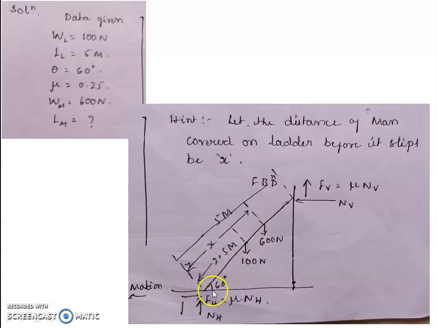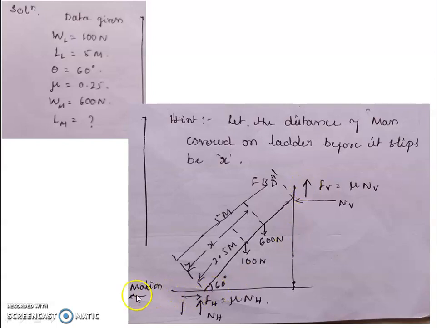As usual, the ladder has two contact points, B and A. Since there are two contact points, there will be two reaction forces, NH and NV. Similarly, two friction forces will be generated.